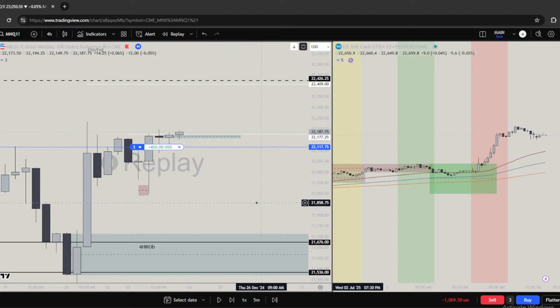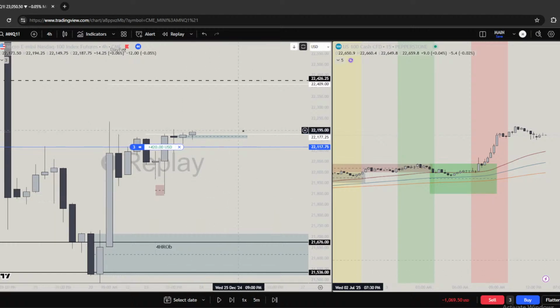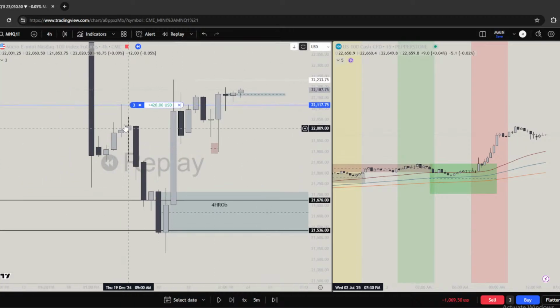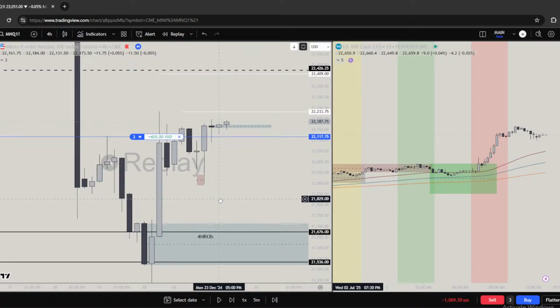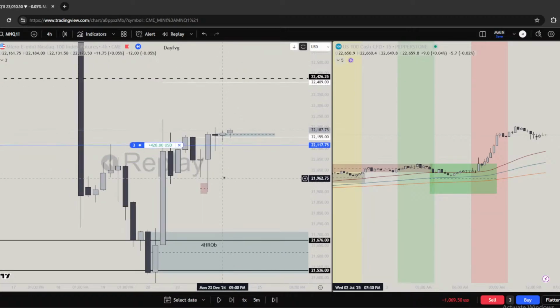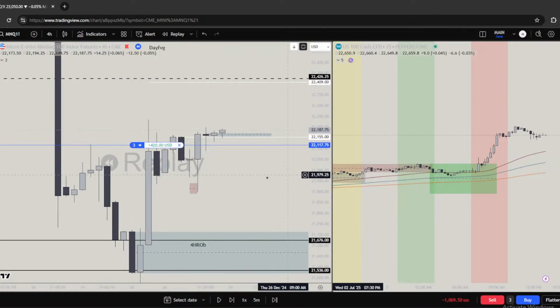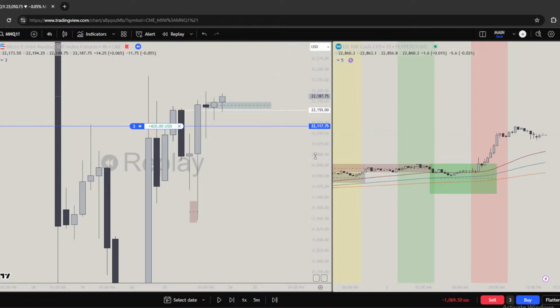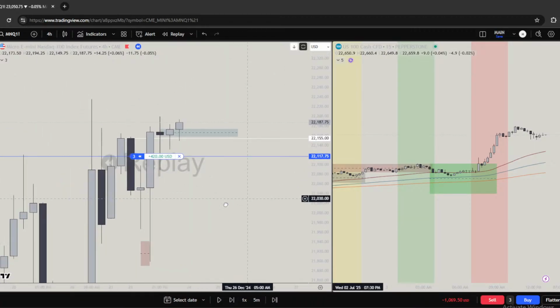Which order block was that? The last black candle. Yeah. I should have been targeting that order block. Boom.